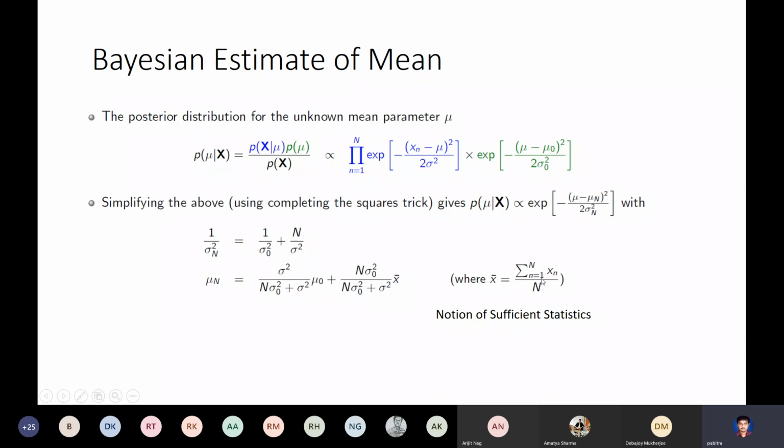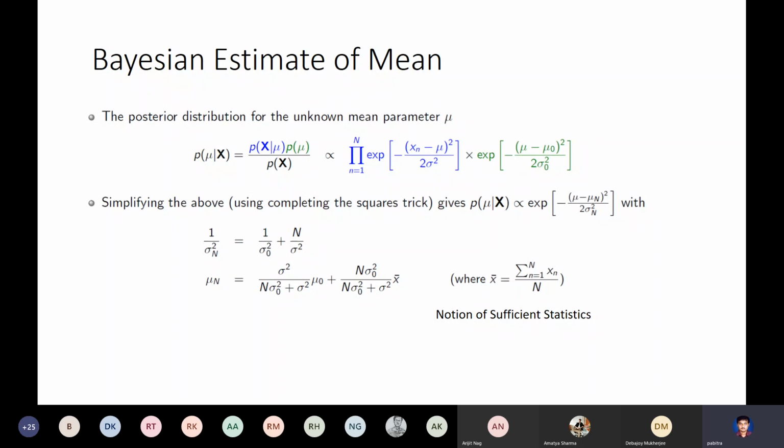As you have said, it is the average of x1 to xn, the sum of xn divided by capital N. So x bar is a statistic about x1 to xn. It is an aggregated value about x1 to xn. And in order to compute mu n, we need only this statistic. We don't need individual x1 to xn, only this aggregate information.